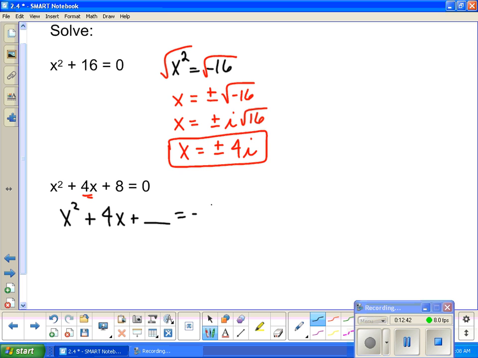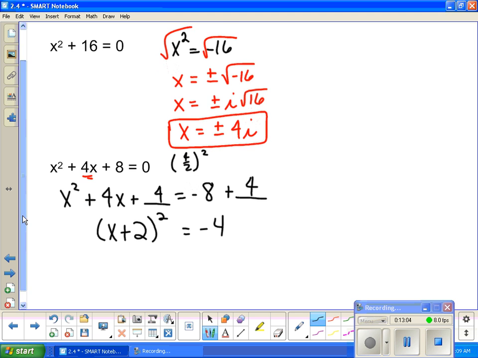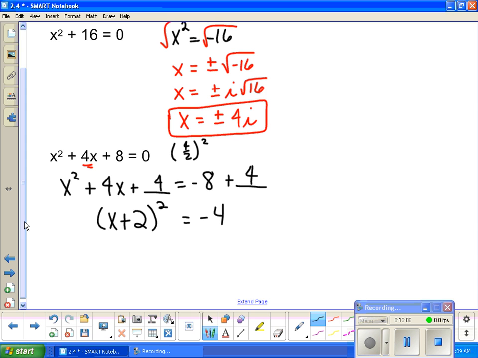Okay, I'm going to move my constant over. Now I take my 4, divide by 2, and square it. So I'm going to add 4 to both sides. This is now factorable to x plus 2 quantity squared equal a negative 4. Take the square root of both sides.